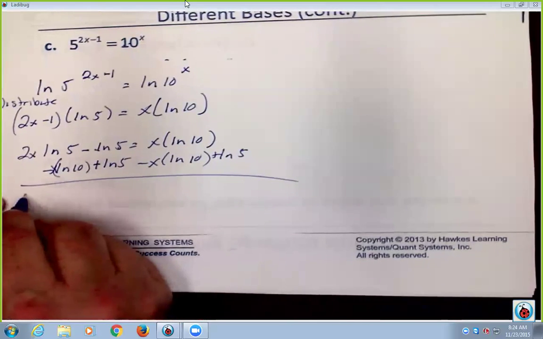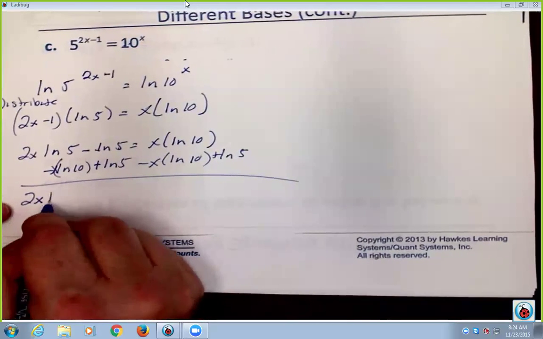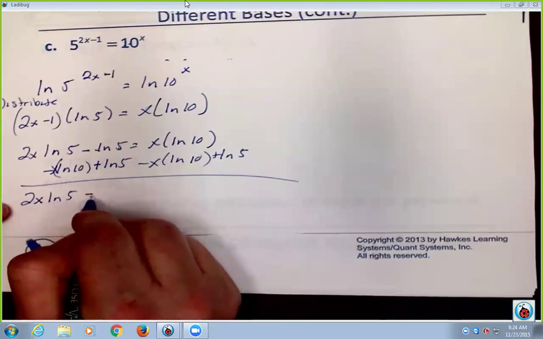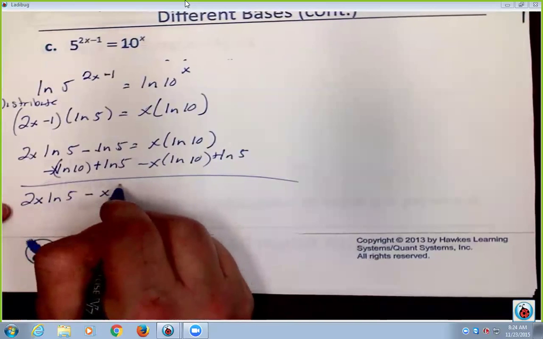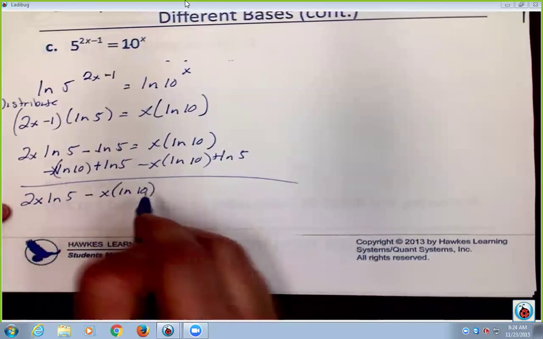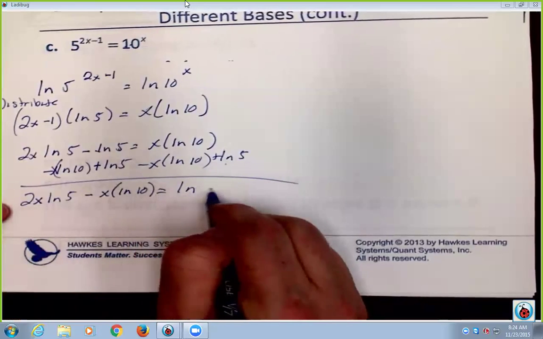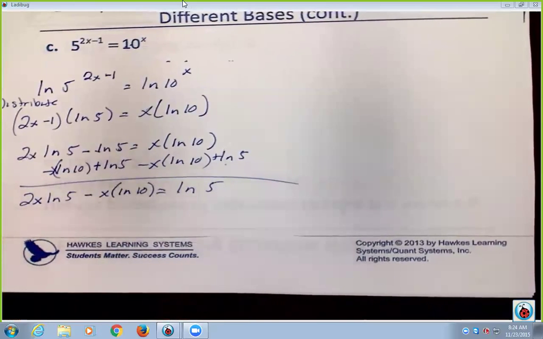So what I'm left with is 2x ln 5 minus x ln 10 is equal to ln 5. We good there? Yes or no? You guys think?